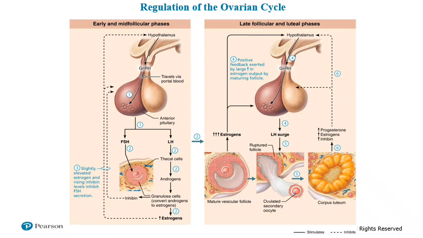Together with inhibin and the rising level of estrogen and progesterone, this negative feedback will stop the hypothalamus from producing any more gonadotropin releasing hormone.